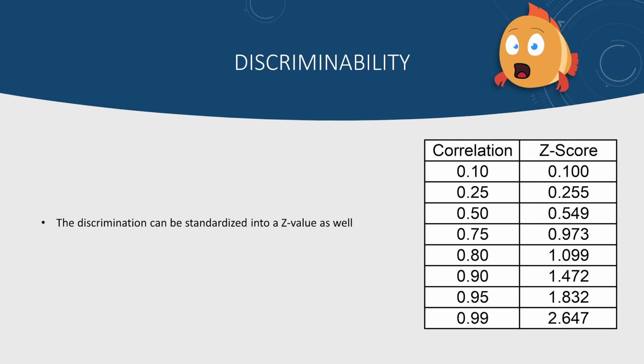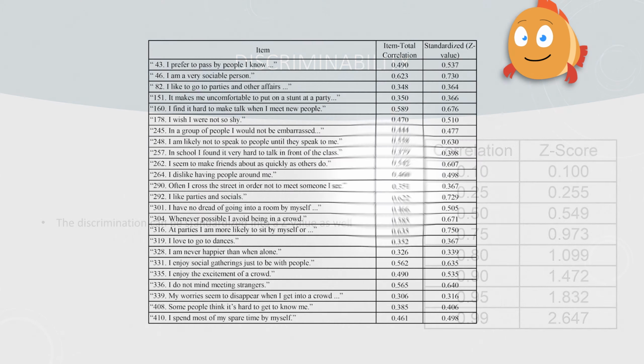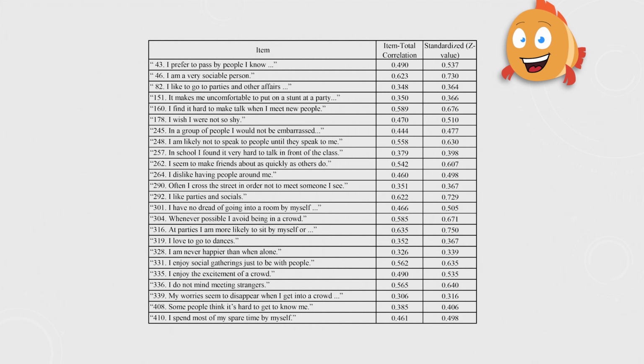So here's a table where it's already been converted. A correlation of 0.1 gives us a z-score of 0.1, 0.25 gives a z-score of 0.255, and this goes up and up. So a correlation of 0.99 gives us a z-score of 2.647. Got a whole giant table of them.